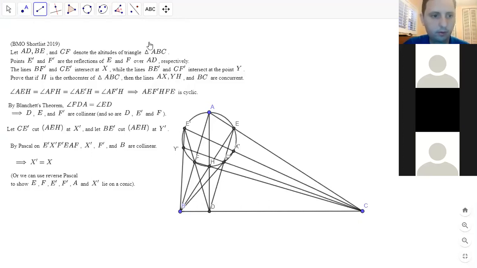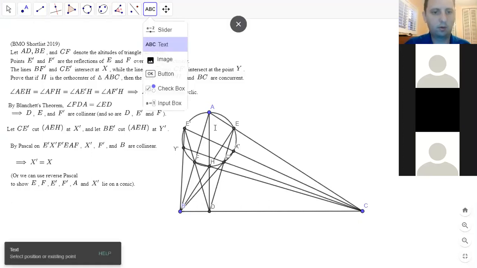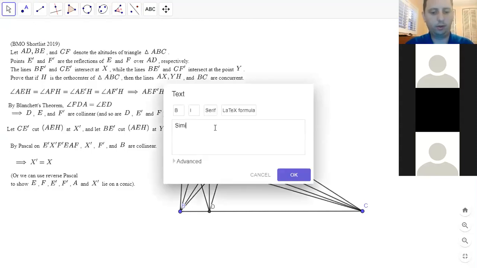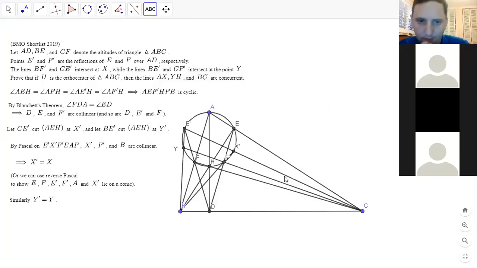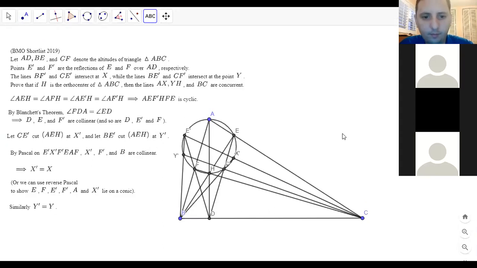All right. Similarly, Y prime equals Y. And then we can use Pascal one more time, and that finishes it off.